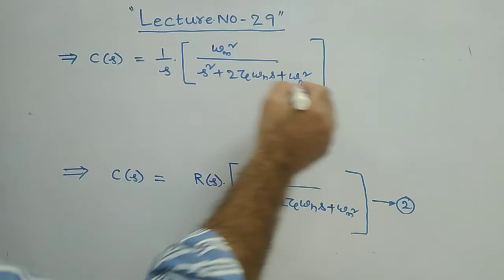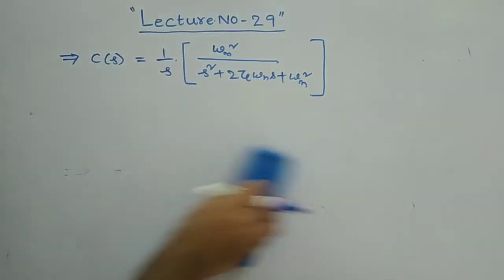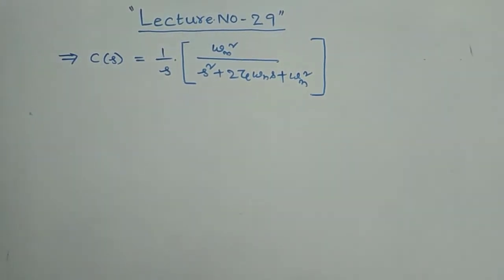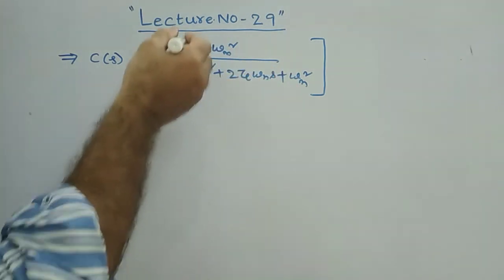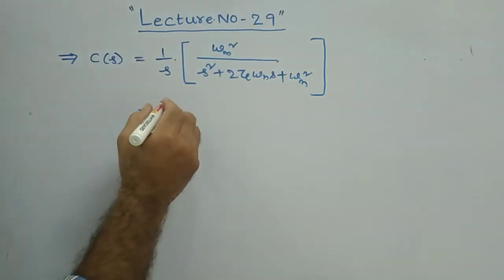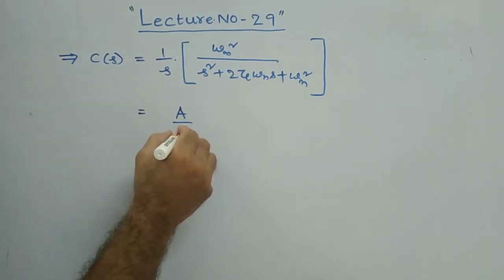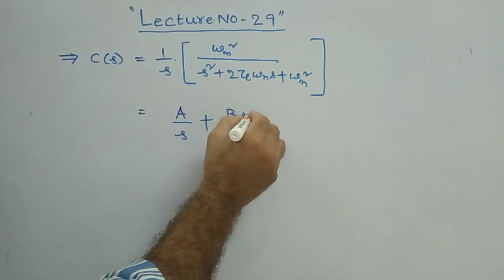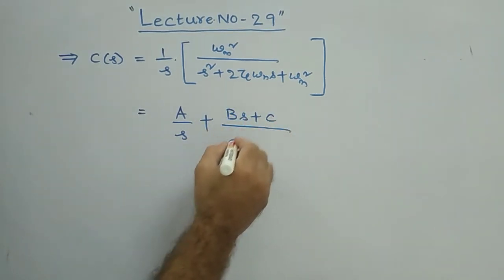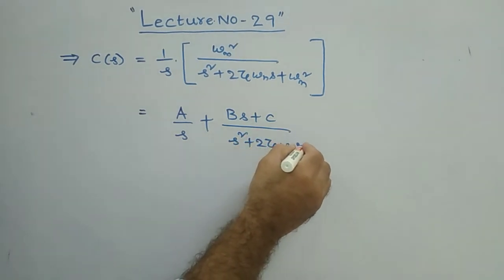There is a simple mathematical calculation in order to find out the response, and from this it becomes omega n square by s into this form. You can write this in partial fractions. If you write in partial fractions, it is A by s plus B into s plus C by this entire s square plus 2 zeta omega n into s plus omega n square.